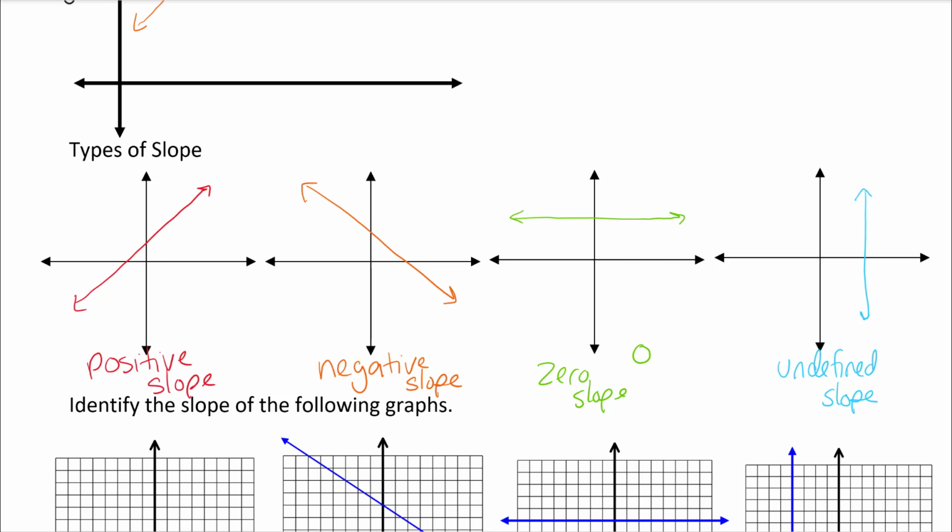So I know here in Houston we don't have a lot of mountains, but if you're thinking about slopes as like ski slopes, a positive slope means when you're going up the hill, like on the ski lift. A negative slope is when you're going downhill, like having fun. A zero slope is like cross-country skiing.